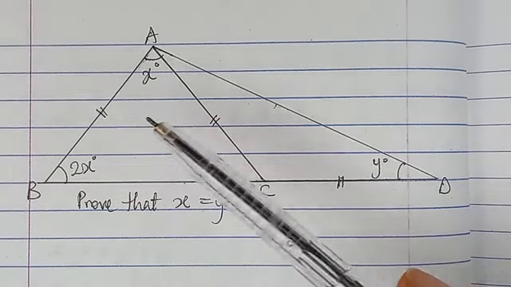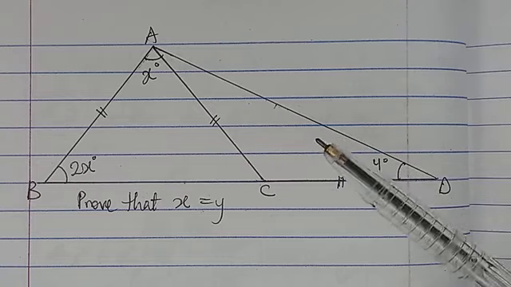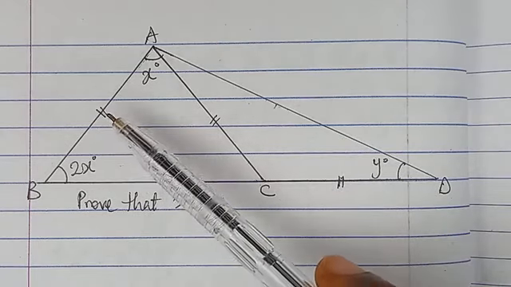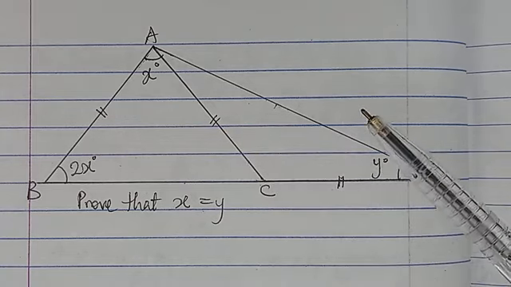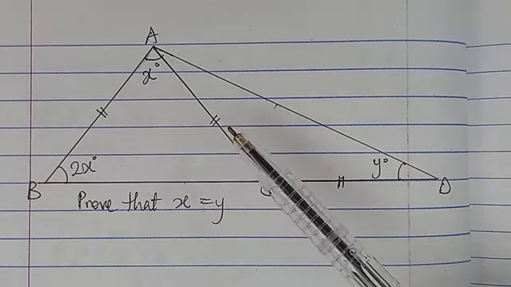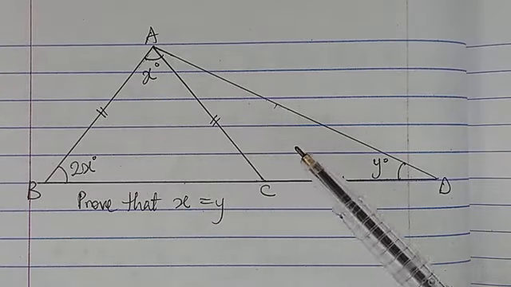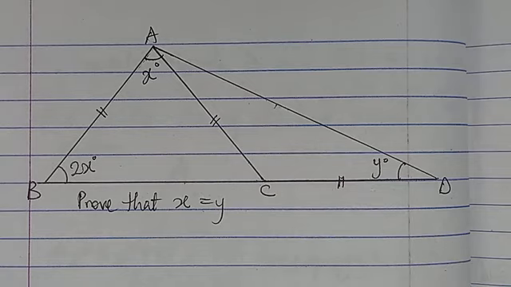Seeing that these three lines in these triangles have the same number of short lines on them shows that all of them are equal in size.